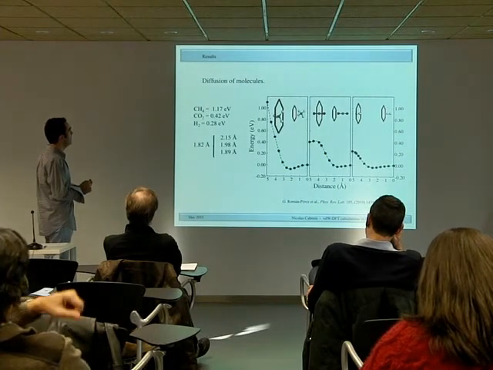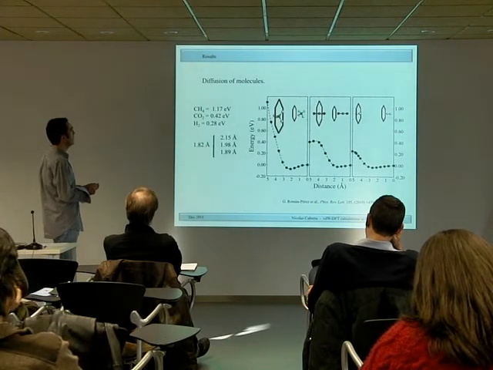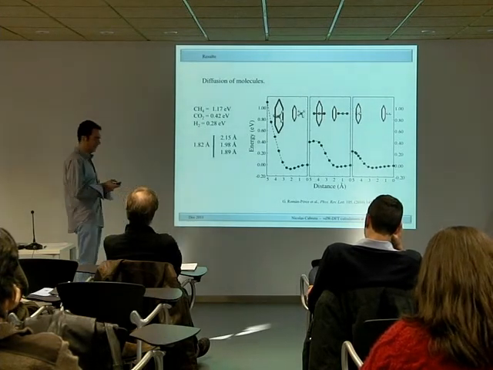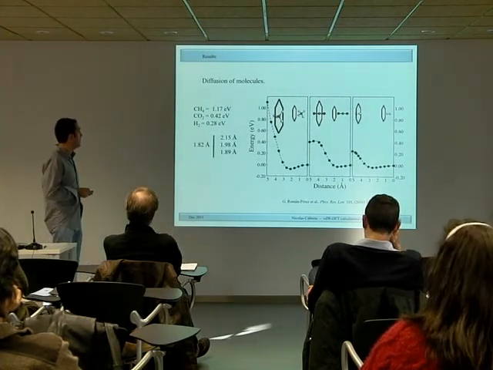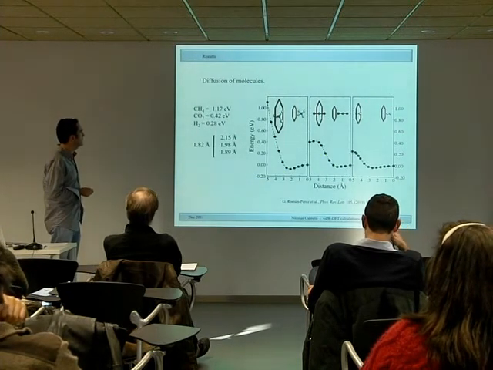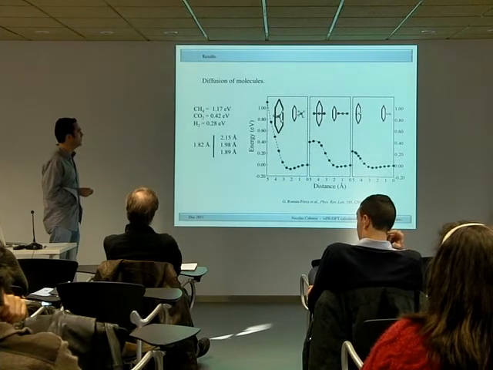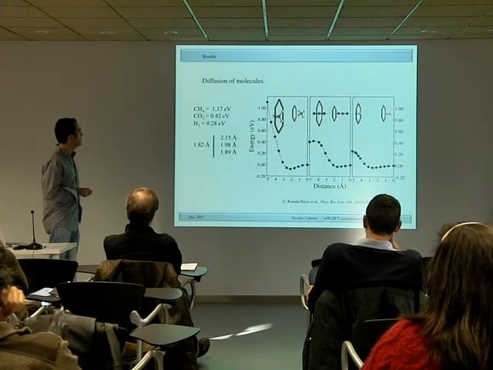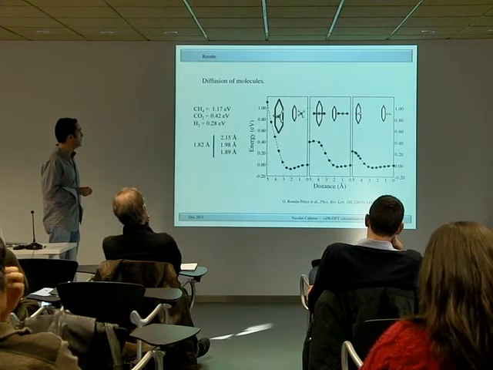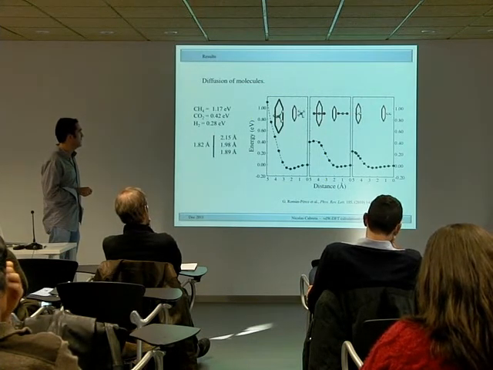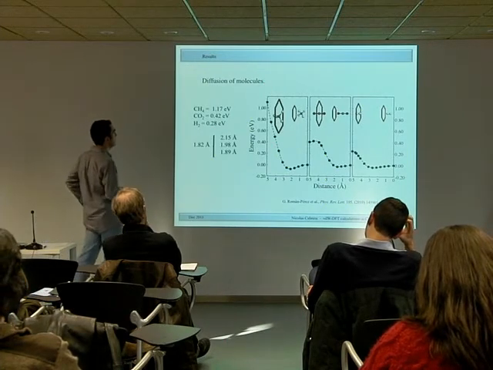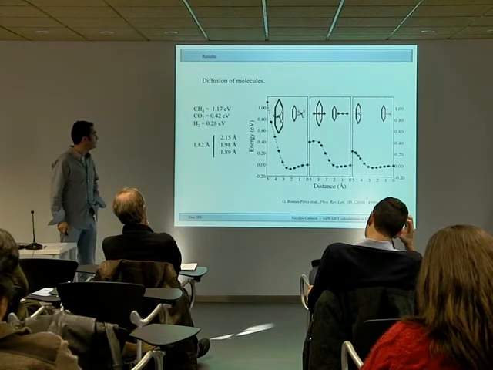We can see that the barrier for methane is very high, and that rejects the diffusion of methane in this structure. In the case of carbon dioxide, it is lower, but still a little bit high to ensure that the diffusion is possible. And in the case of hydrogen, the barrier is low and is in good agreement with quantum chemistry calculations on isolated particles.